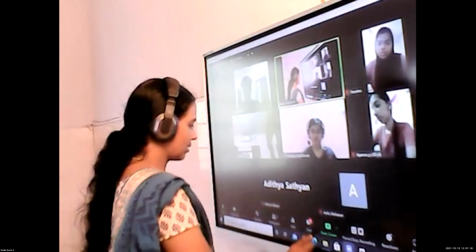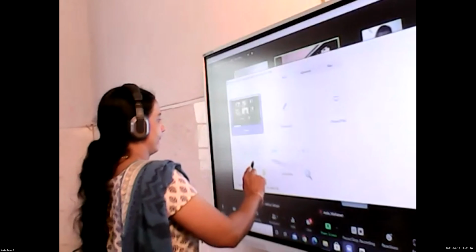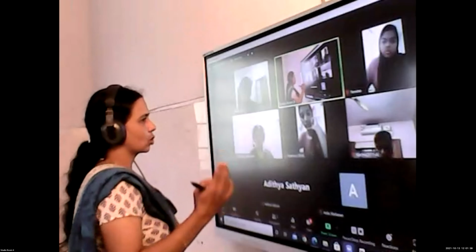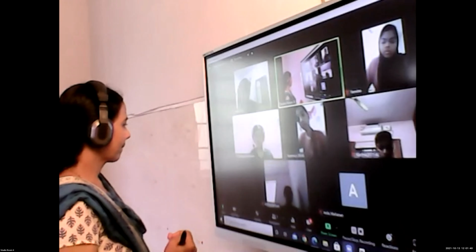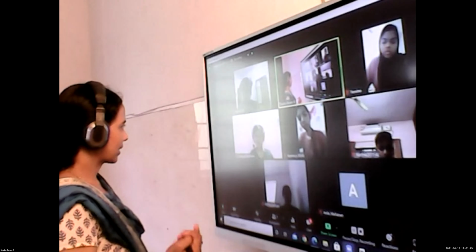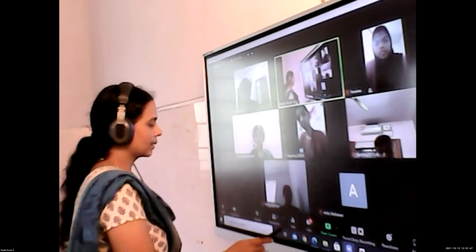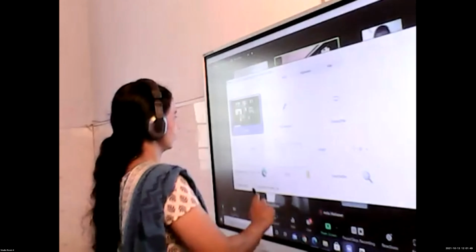We have discussed the equation of the tangent and the equation of the normal. And then maxima, minima, increasing and decreasing functions.